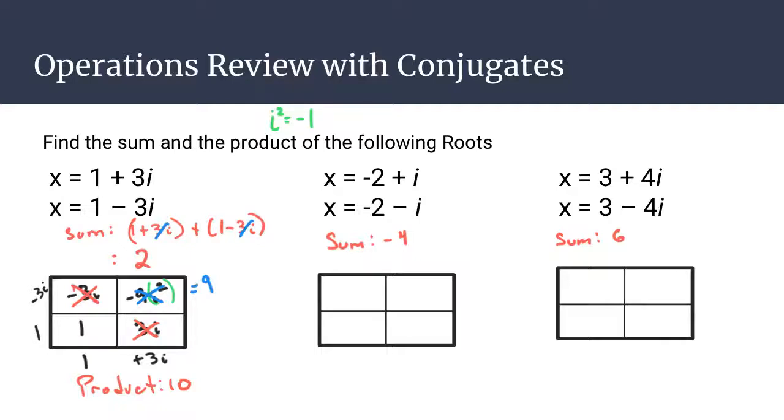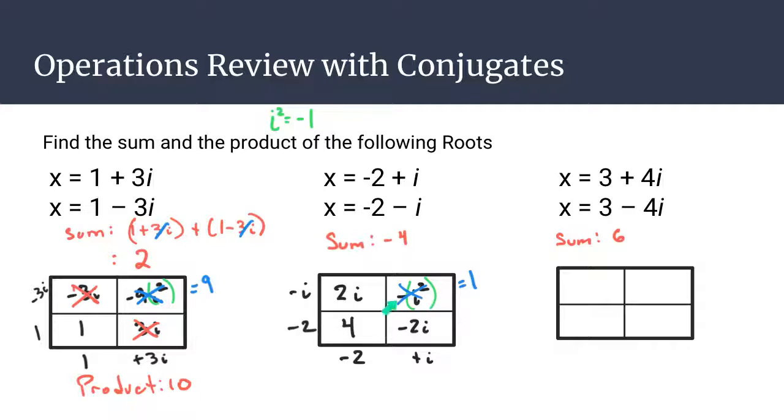So for the second example, we have negative 2 and a positive i on the bottom, negative 2 and a minus i on the side. As you multiply each part, this is a positive 4, a negative 2i, negative 2 times a negative i is now a positive 2i, and then you have just a negative i squared. And again, your i squared is equal to a negative 1, so with a negative and a negative 1, that equals a positive 1.